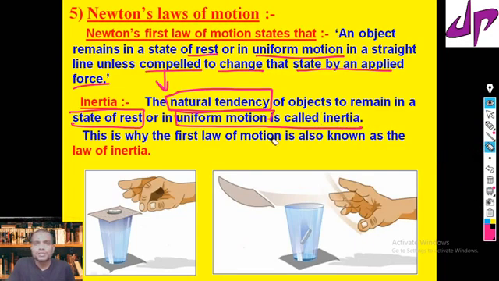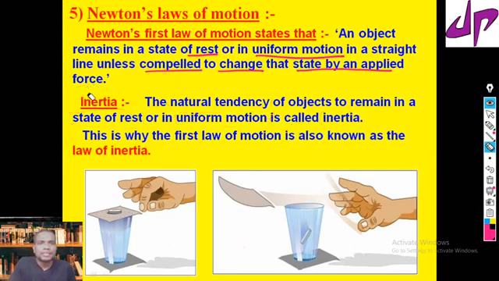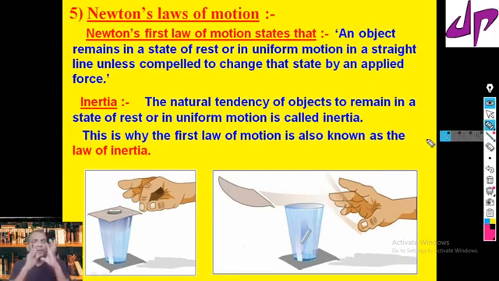Okay. Students, try to learn that word carefully. Inertia. Try to understand it carefully. So inertia is a property. Who has inertia? Every object in this universe has inertia. Inertia is a tendency, a natural tendency.